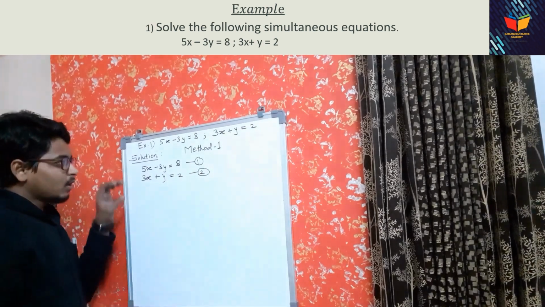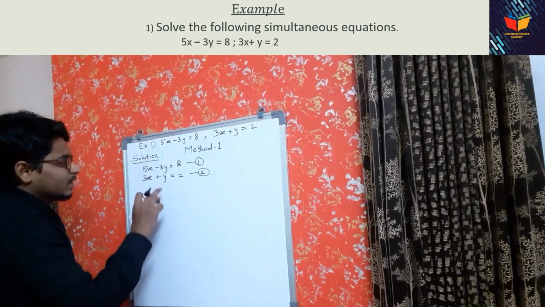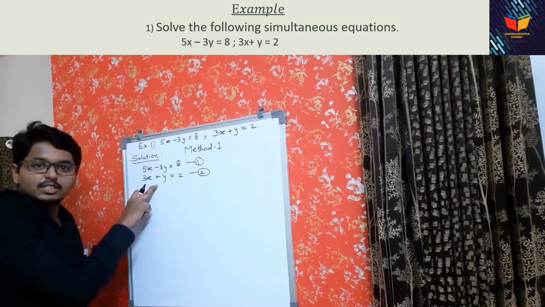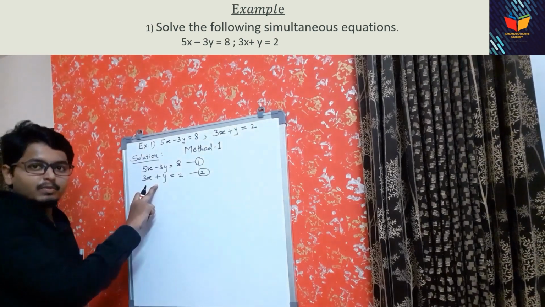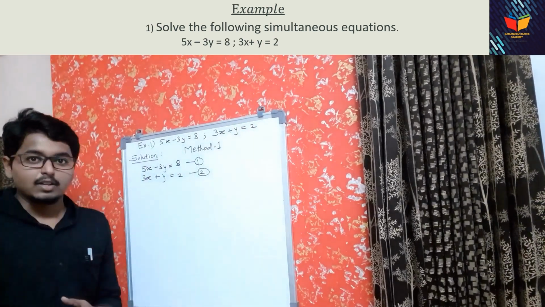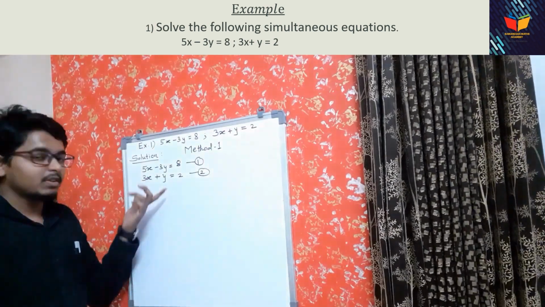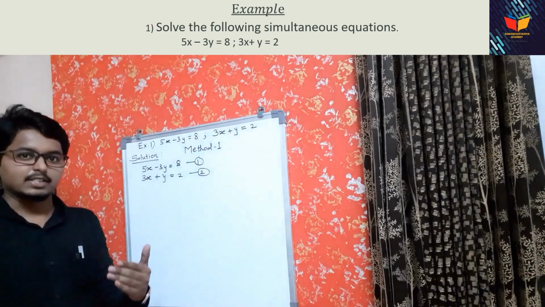Now if you observe equation number 1 and equation number 2, you will find that if we multiply equation number 2 by 3, we will get some similarity, and by adding or subtracting, whichever operation is suitable, we will find the answer of x and y.